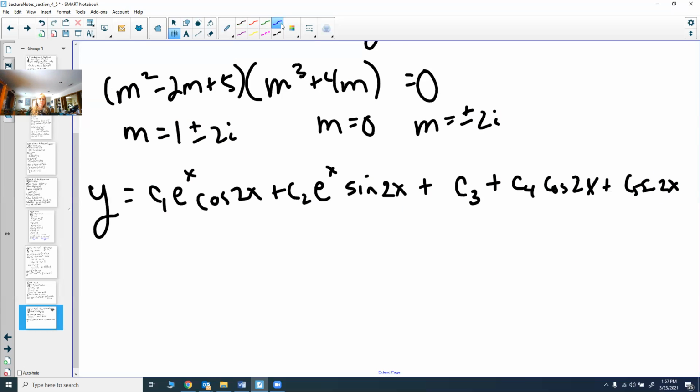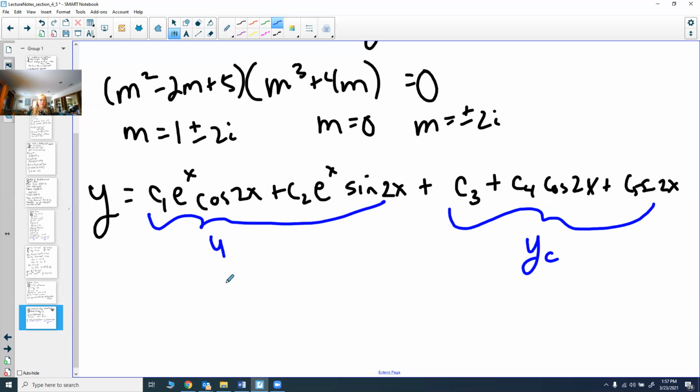And this is where we get to discover what y sub p is. I remember from what I've done before, my c3 plus c4 cosine 2x plus c5 sine of 2x, that was my y sub c. That means everything left over is your y sub p.